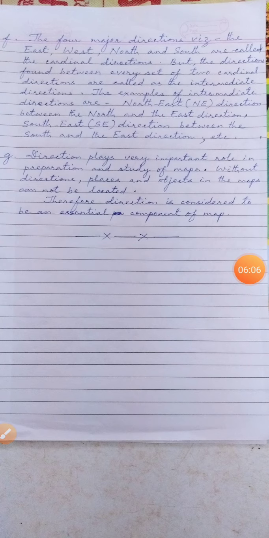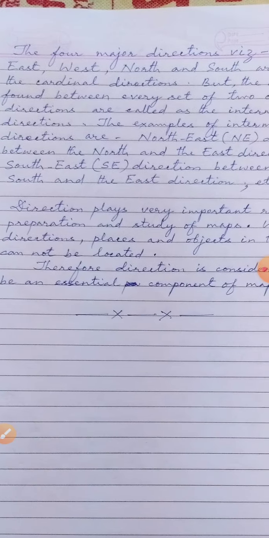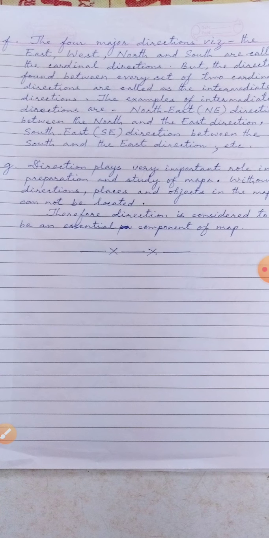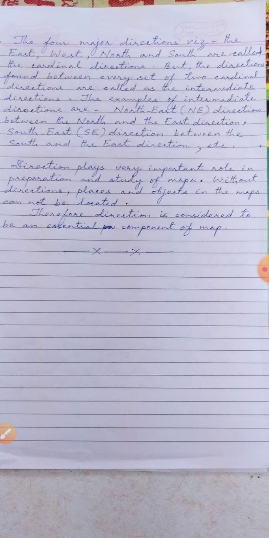We can see the next question is question F. What are cardinal and intermediate directions? Now you can see the answer to F here. I have written, please listen carefully. The four major directions, viz., that is videlicet, you can read or write viz., also meaning that they are.